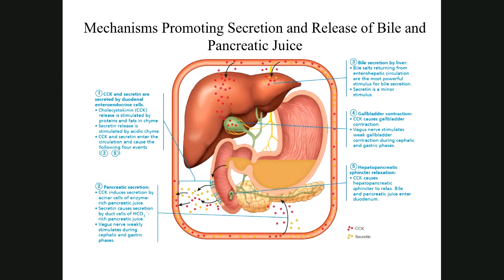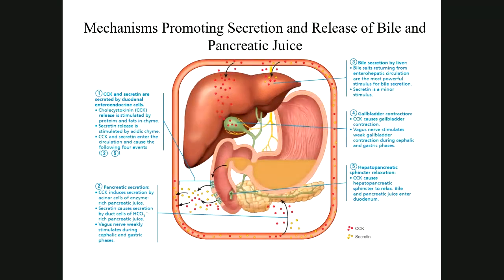CCK induces secretion of enzyme-rich pancreatic juice, so it actually stimulates the exocrine part of the pancreas. And the secretin causes secretion of the bicarbonate.